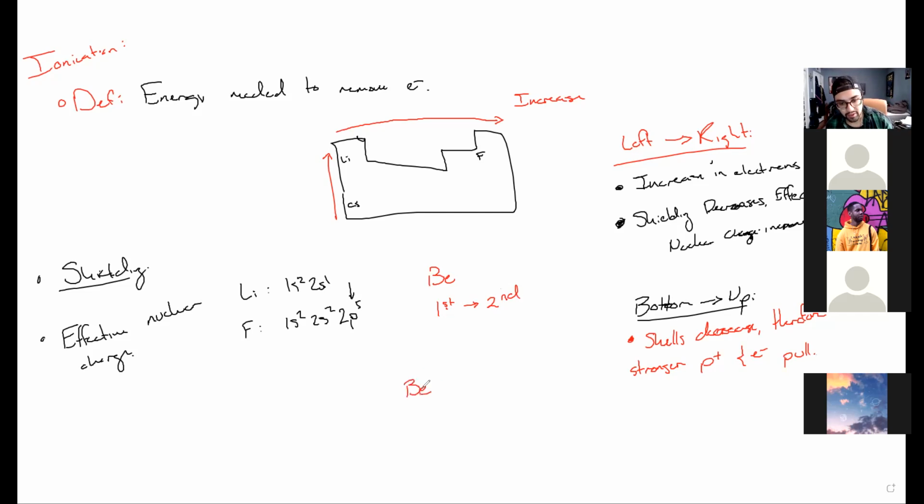Here's beryllium, here are my 2 electrons. Let's say I already pulled one and now I want to pull this one. Is my ionization energy going to be higher or lower than my first? Let's say this one's 10 kilojoules. What do you guys think?